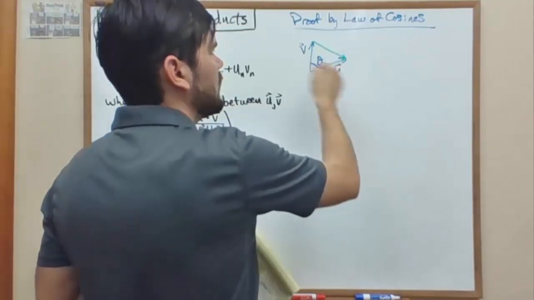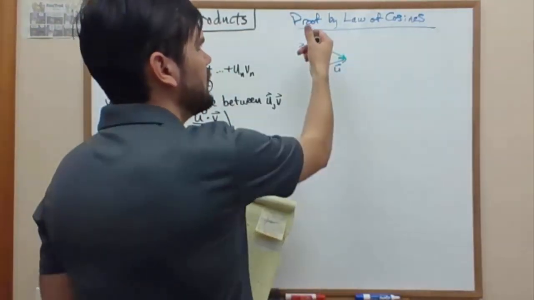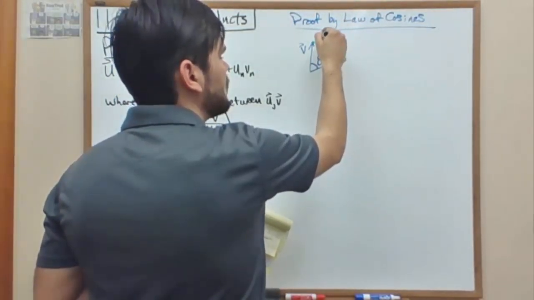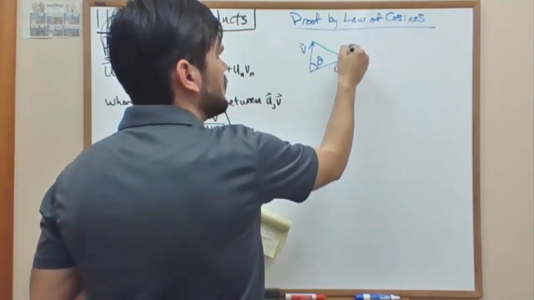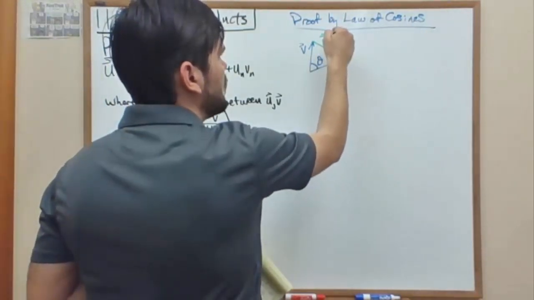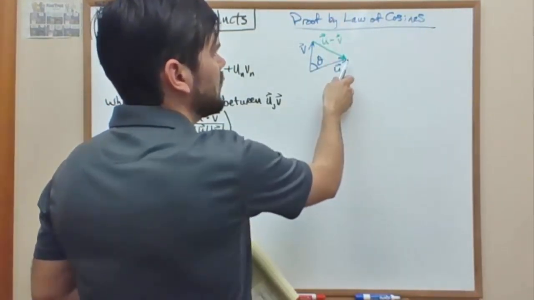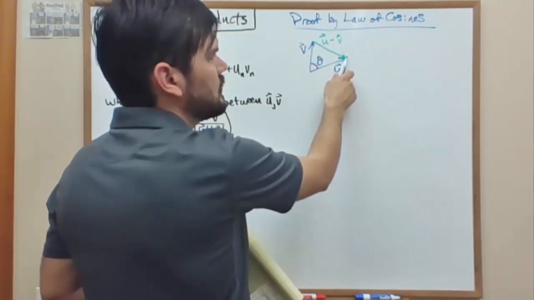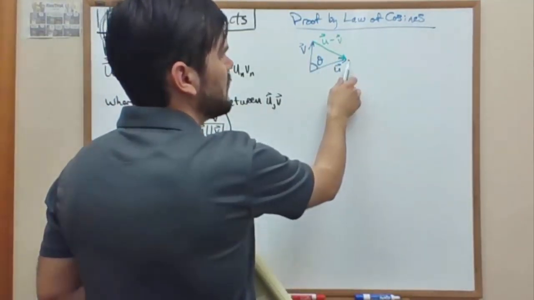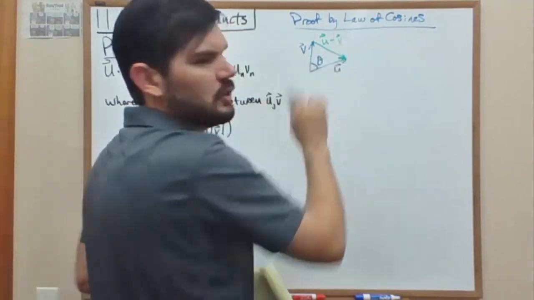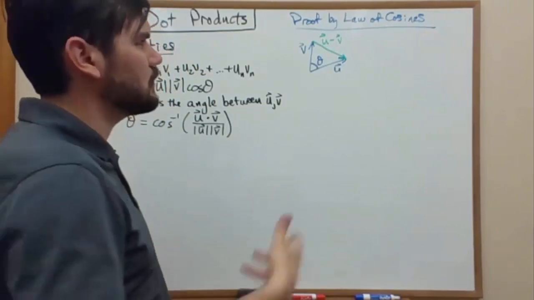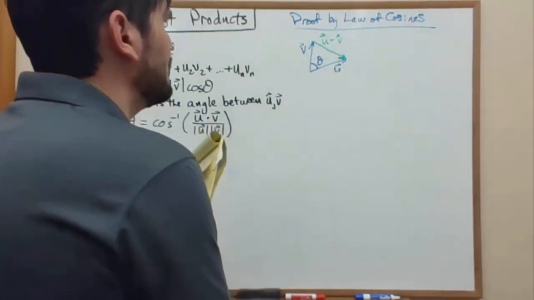I could draw it either way, but I'm going to draw it coming from the end of v and going to the end of u, and that is described as u minus v, where the positive of the difference is where the two heads meet, and the minus is where the head goes to the tail. So you ask, where does it end? U. Where does it begin? V. U minus v. That's a way to find the difference of two vectors.